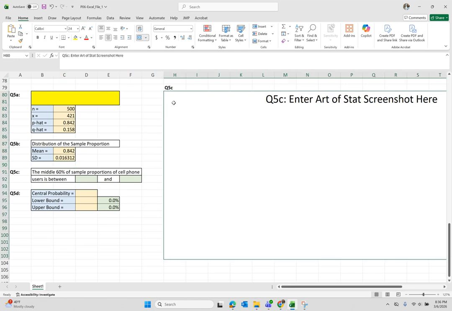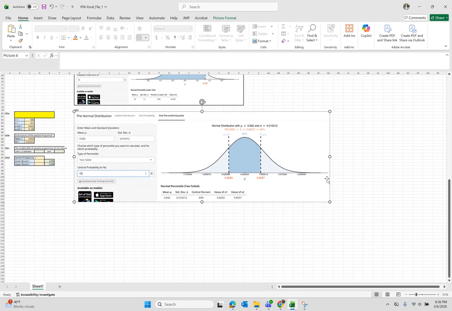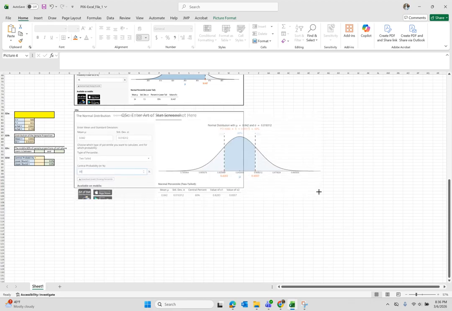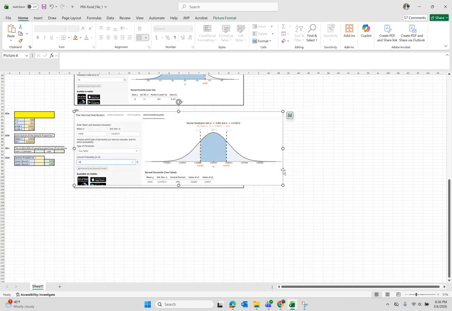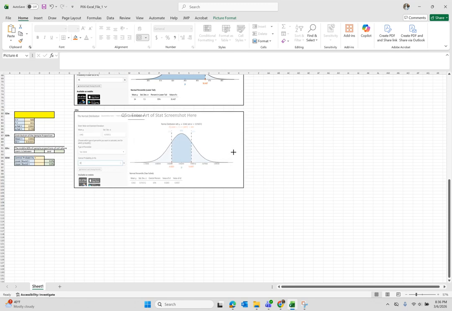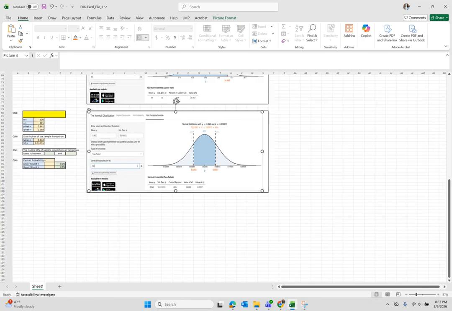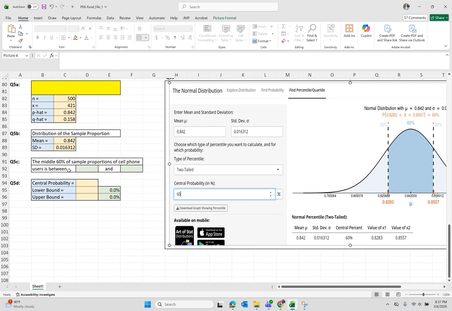We will place the image here and resize to fit in the space that they gave us. There we go. Very nice. Let's zoom back in. So the middle 60% of sample proportions of cell phone users is between a blank and a blank.